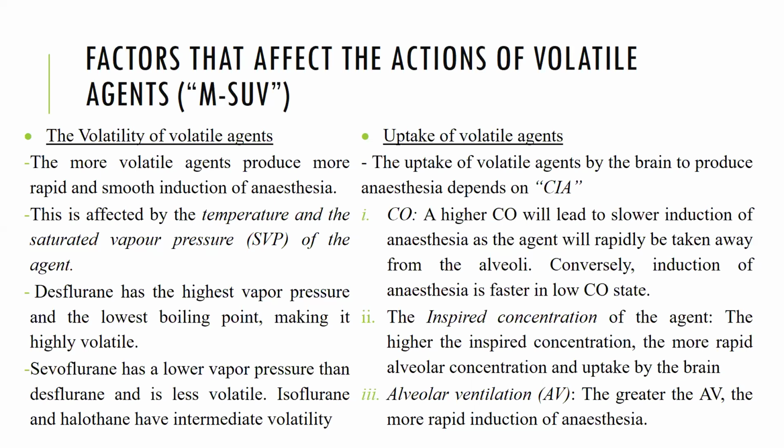A higher cardiac output will lead to a slower induction because the agent will be rapidly taken away from the alveoli. Conversely, induction of anesthesia is faster in a low cardiac output state, like in shock. That's why it's not advisable to do induction of anesthesia in a patient in shock, because the induction will be faster and it can cause cardiovascular collapse.